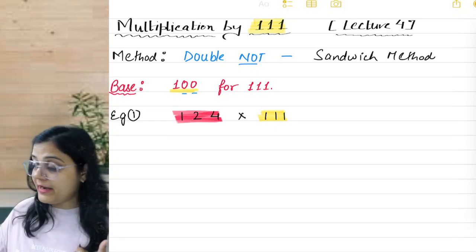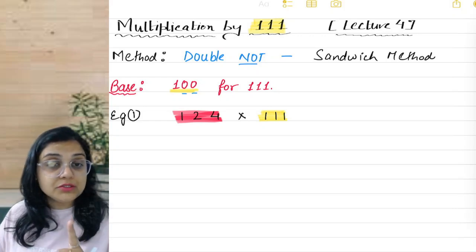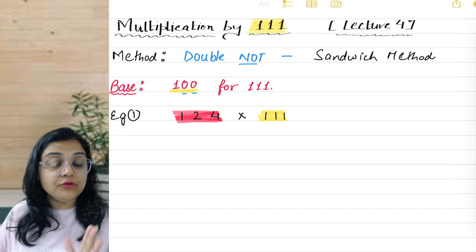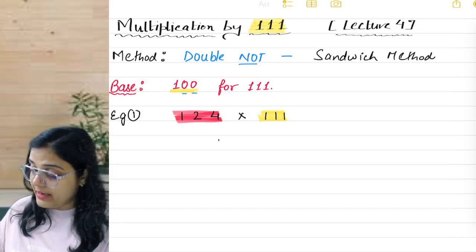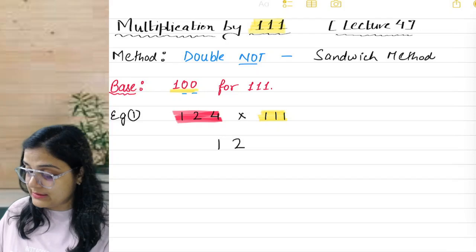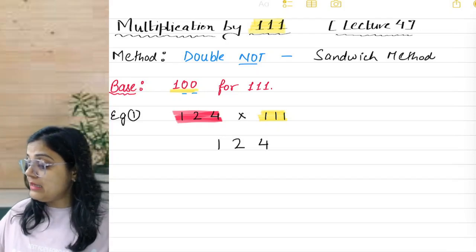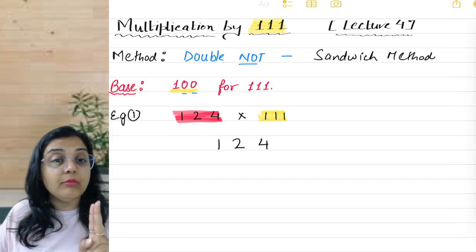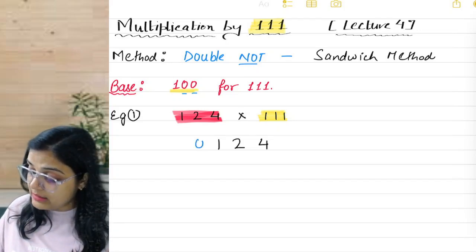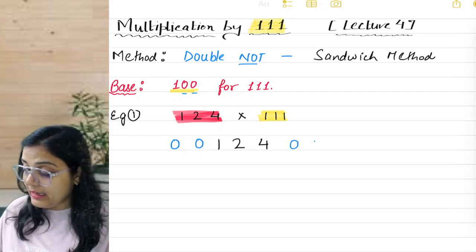We have to multiply 124 by 111. Because this is the first example, we are doing it for the first time, I'll do all these steps. Okay. So I will write 124 as it is. Then I'll sandwich it in double knots, double knots in the beginning and double knots at the end.